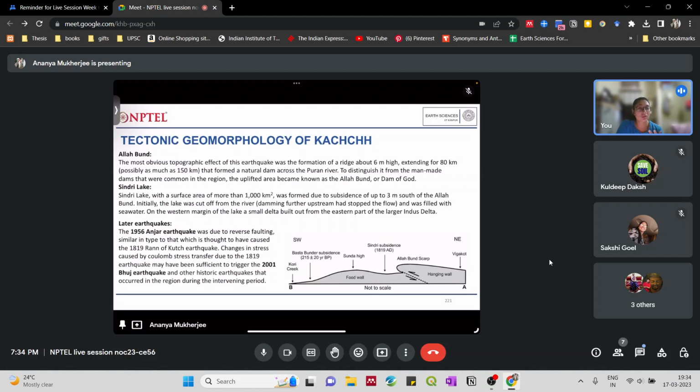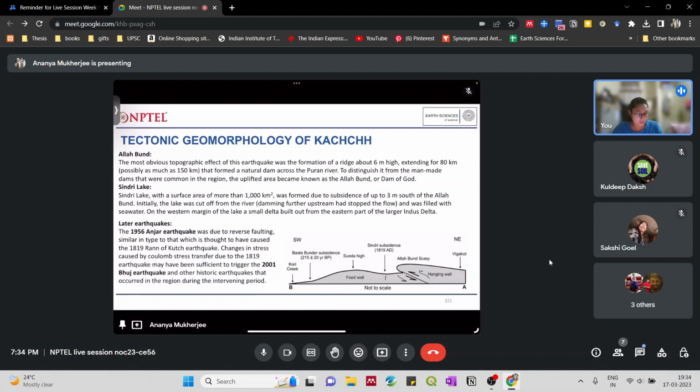So these are the most obvious effects, the topographic effects, okay. This is an example of the tectonic geomorphology that we had also spoken about in one of the previous live sessions, okay. It was a kind of ridge you can see over here, okay. So this was a thrust fault, a reverse fault, where the hanging wall has moved on top and the foot wall moved down, okay.